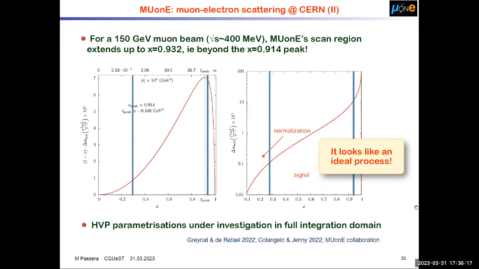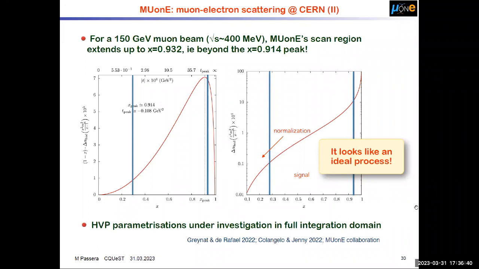There is another blue line here because we also need a normalization. It's unthinkable to do such a precision measurement as an absolute differential cross-section. What we can do is a ratio of cross-sections, which of course helps dramatically in dealing with the uncertainties, both theoretical and experimental. And the fact that we have a normalization region is really crucial.